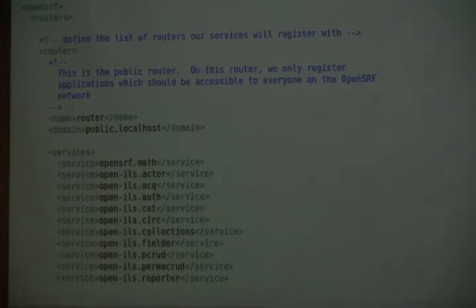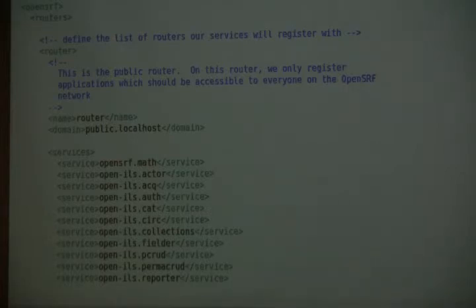eJabberd is the Jabber server of choice, and it has its own configuration problems that probably rival anything else in terms of getting it installed. Right, so you'll see in some of the old documentation, wiki pages on the Evergreen ILS system, references to bootstrap.conf, or you have to bootstrap your configuration.